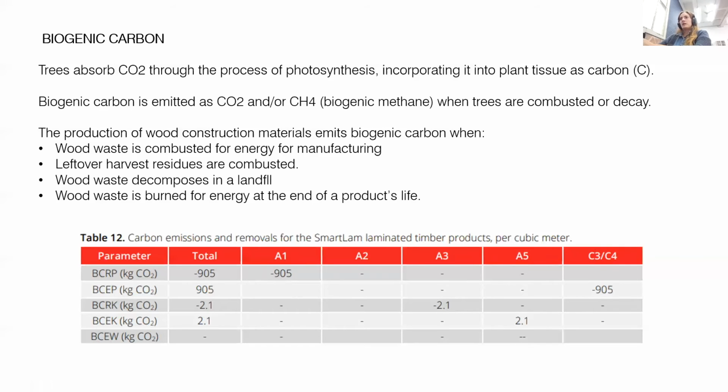Because at some point that carbon does have to come back in some way or another, and that happens either when the leftover waste is left to decay, the wood waste is combusted for energy, the leftover harvest is left to decay, it's left when you take a building apart, the wood is left to decompose in a landfill, and then kind of just what happens at the end of life.